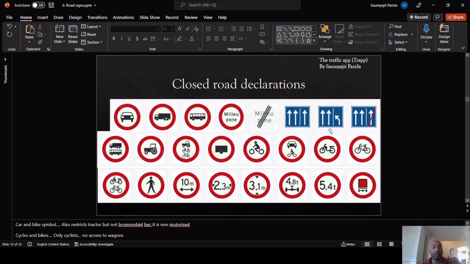This is something I've learned from my practical theory during my practice sessions. If you encounter this board, the first rule is you have to drive on the right side. You will see this board around 400 or 500 meters before. If you are driving on this road, then you have to move onto this road.